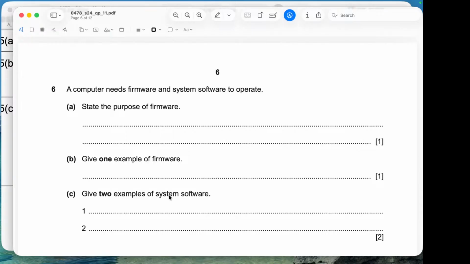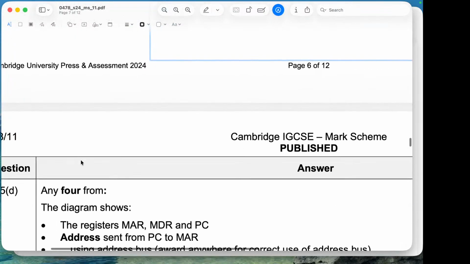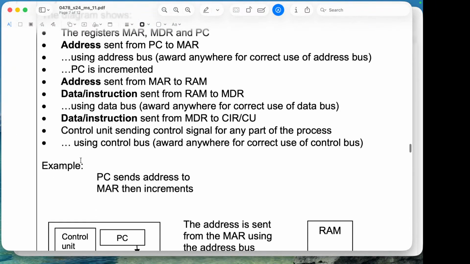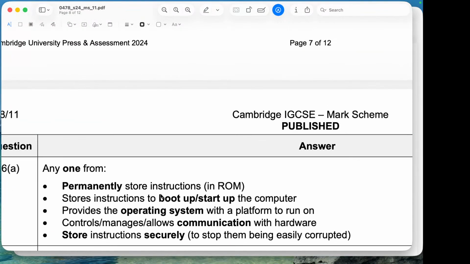So what is firmware? Well, it's a number of different things depending on what the computing device has. But basically, it permanently stores instructions. So this can be in an embedded system. If it's got permanently stored instructions, then it could be, for example, a vending machine.